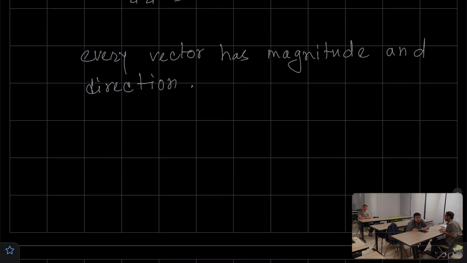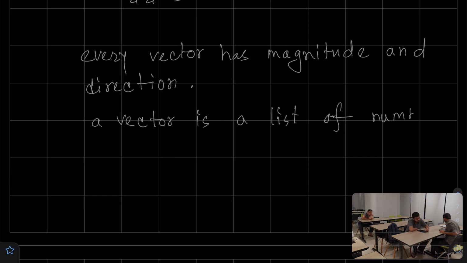And the second definition was used by the CS people. They defined a vector as a list of numbers.